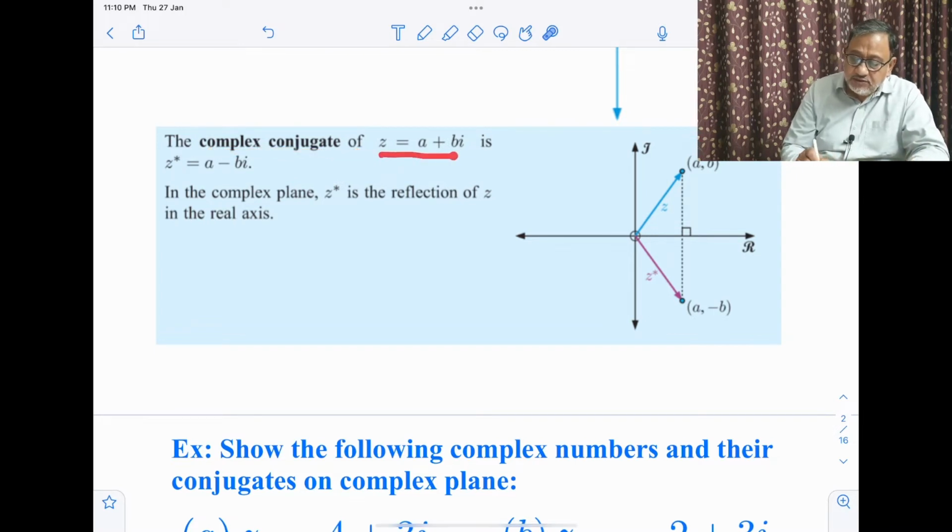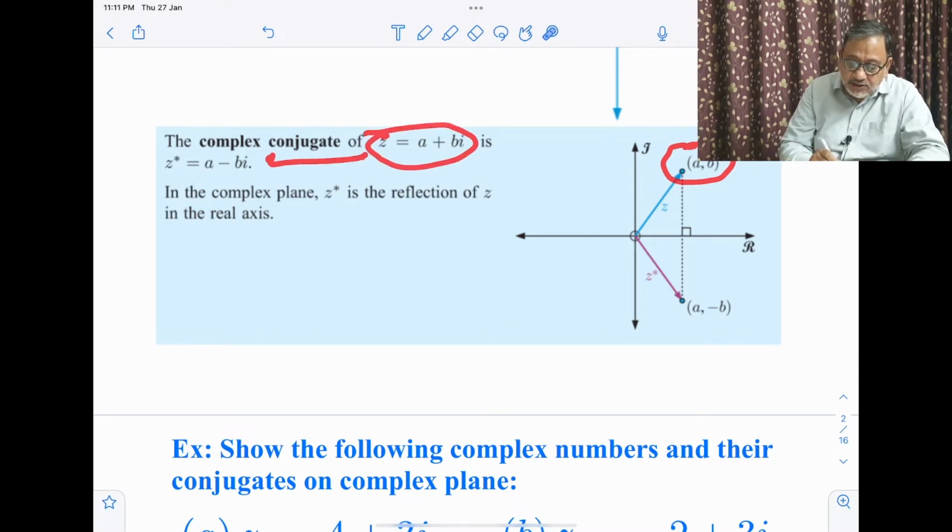So if z is equal to a plus bi, then its conjugate is given by a minus bi. It is represented as the reflection of z in the real axis. Suppose this is the complex number z, which is represented by the point (a, b).